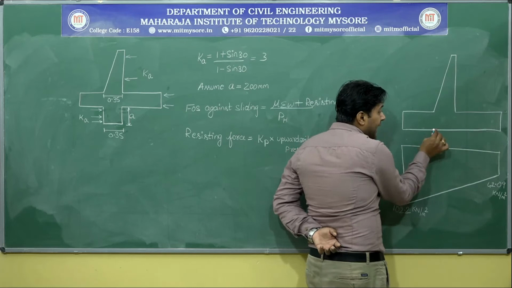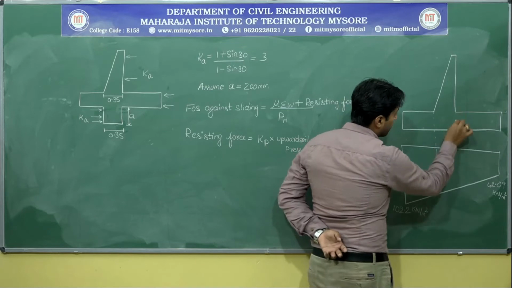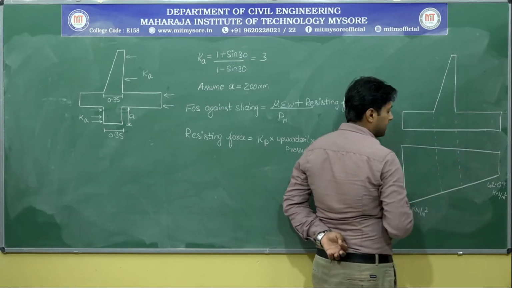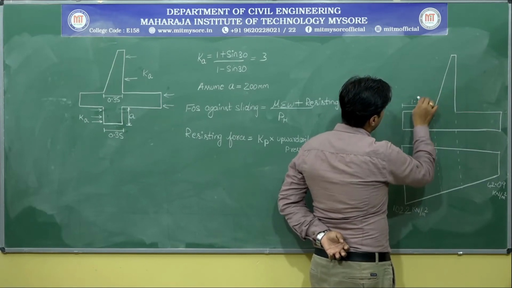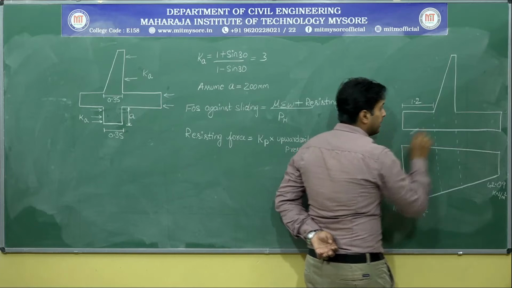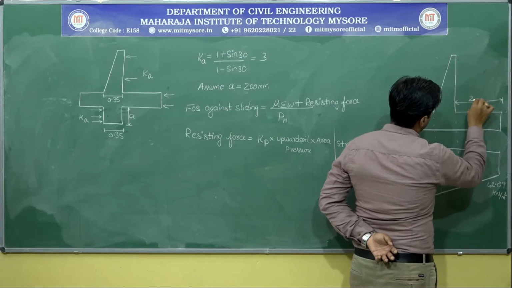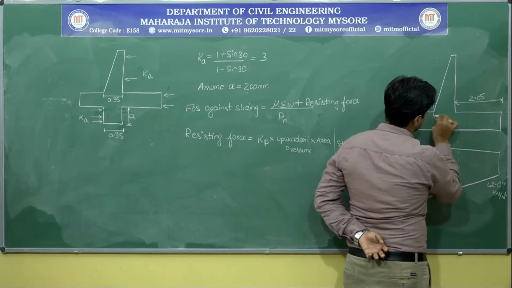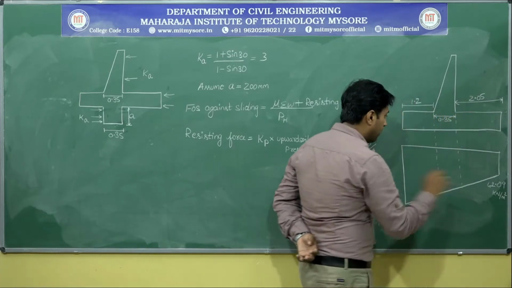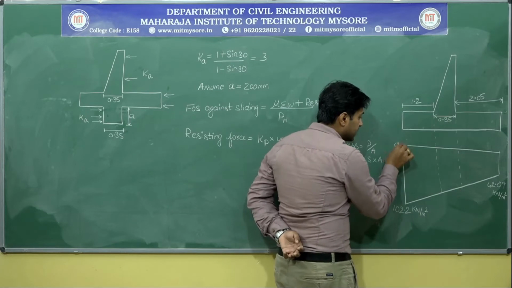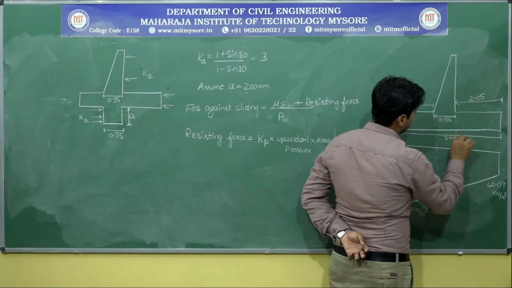Now I have added a shear key over here. So I want to know what is the soil pressure at that particular junction. I think you know what this distance is: 1.2. Then this particular distance is 2.05. And this distance is 0.35. Now let me consider this as 0, and the total width is 3.6 meter, B dash.